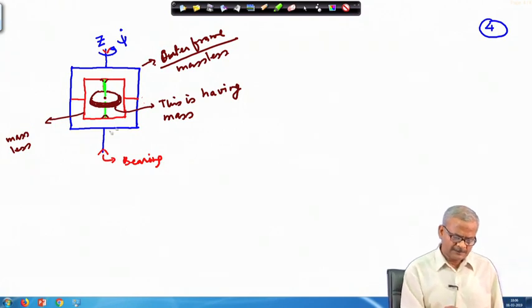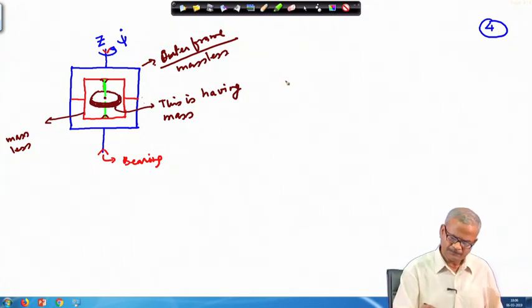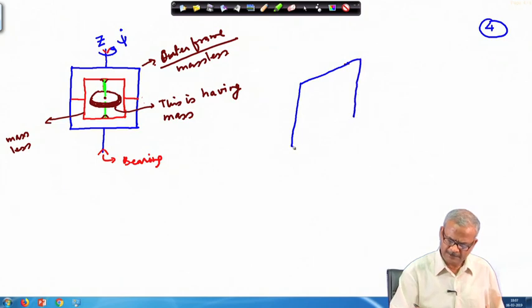Now, consider this in a different shape. So, we have the outer body, the outer frame, which has rotated to some other orientation, which I am showing here.